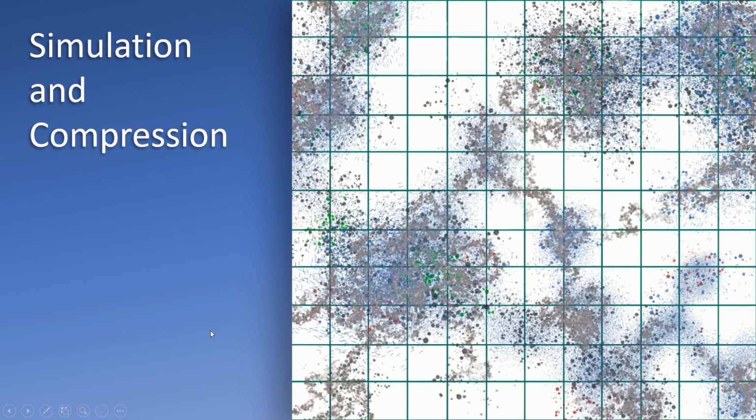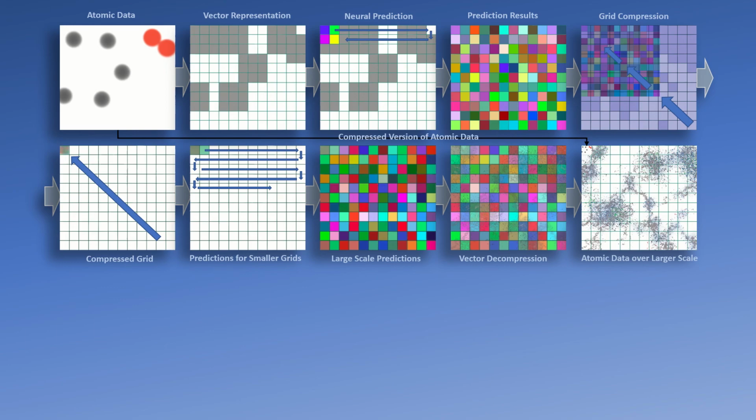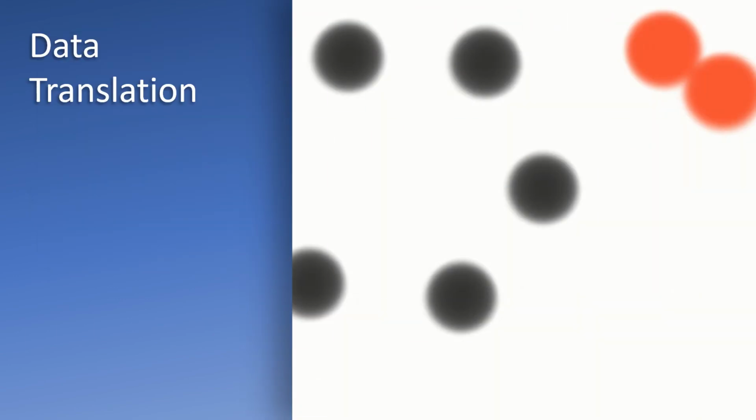Now, using this architecture basically allows us to simulate over very large areas. We can just repeat this process on this data now, for example, and get predictions on a very large scale. So the idea is this process can be applied again and again to simulate larger and larger scales in terms of time and size. So let's just watch that one more time.